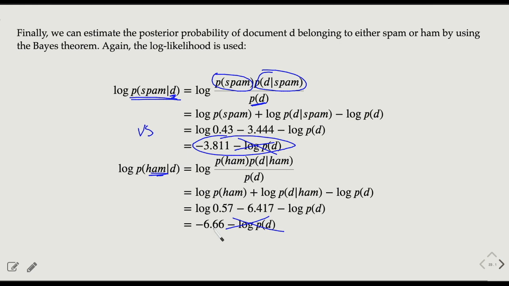We only need to find out which probability is greater. And so this minus 3.8 is actually a greater value than the value of ham. So again, we are going to predict this email to be a spam.